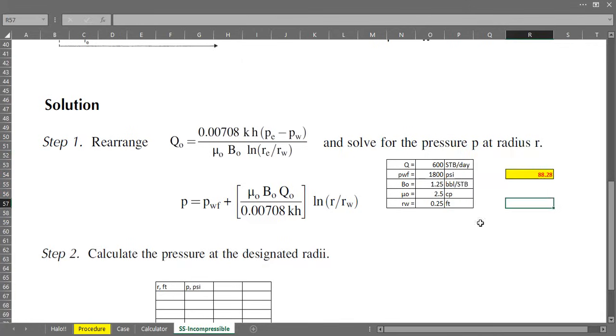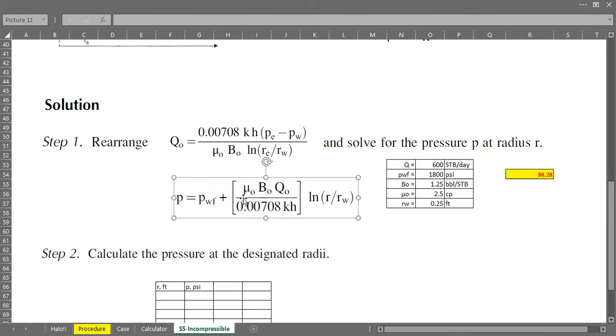So now we can get the equation. It is P equals to, what is the PWF? PWF is 1,800. All right.